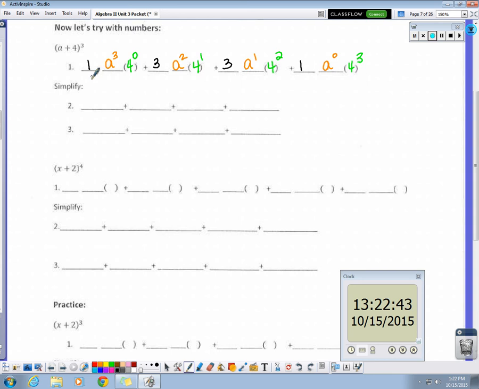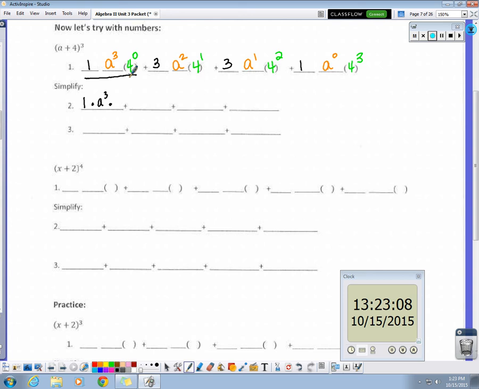Okay, so now let's start simplifying. If we're looking at this first term, there's a 1. Now, isn't the 1 touching a cubed, which just means they're being multiplied? Okay, and then it's touching 4 to the 0, which means multiplication. What is 4 to the 0? 1.